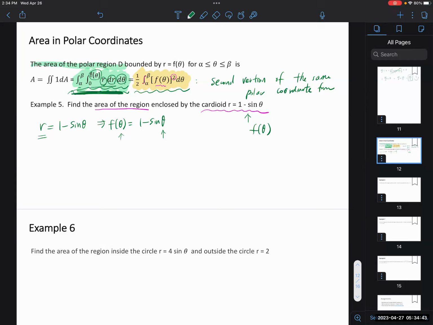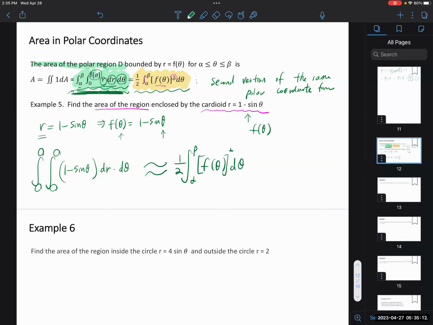You can plug in 1 minus sine theta and times r, but there's no commonality. What I'm saying is, if you have the double integral with r dr d theta, you can continue, but it's hard to find the radius integral and other things. So instead, this formula is the same as one half the integral of only f of theta squared d theta.